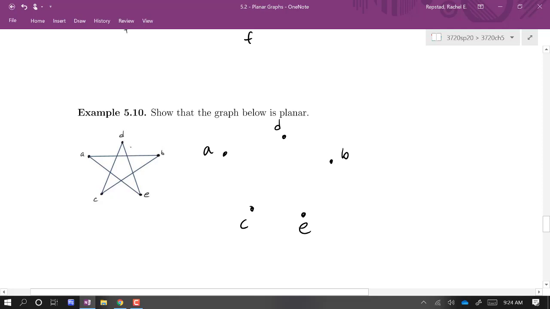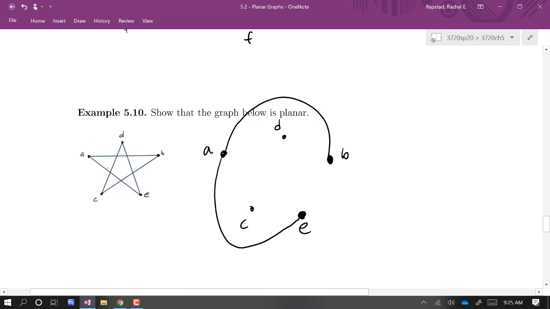I need to get from A to B. Maybe I'll do that. I need to get from A to E. So that takes care of those.